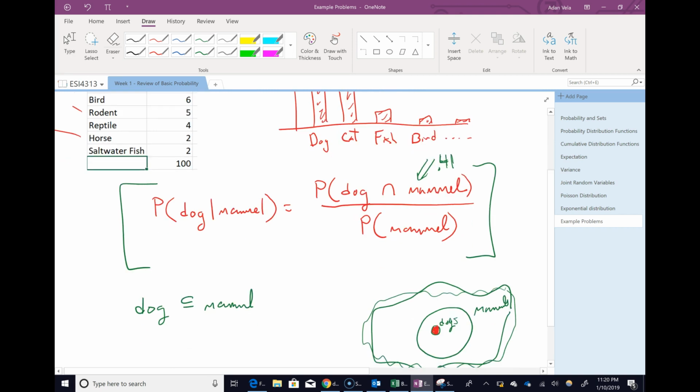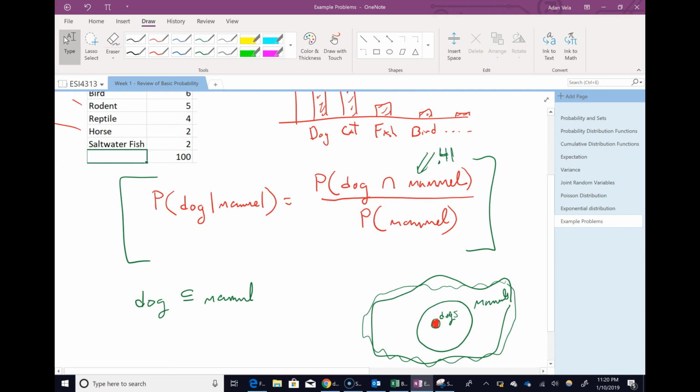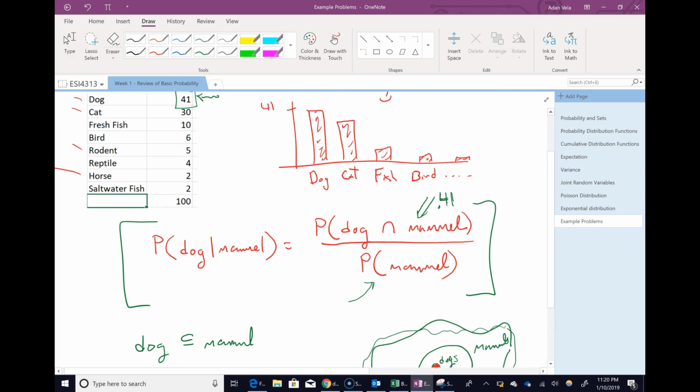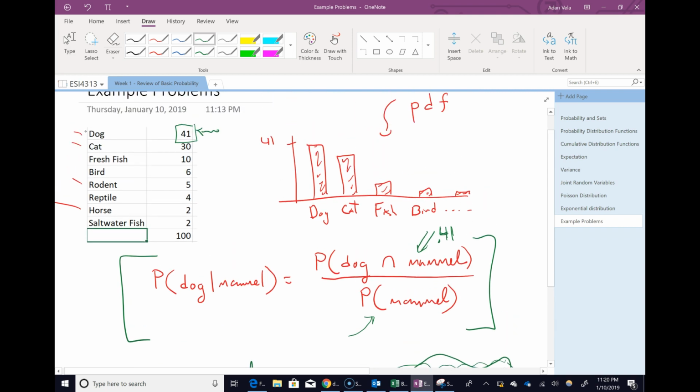Now, the next quantity we have to calculate is the probability of mammals. We mentioned there's 1, 2, 3, 4 different types of mammals. Mammals account for a large fraction of the pets, and we can figure out what fraction that is by adding each of their probabilities.